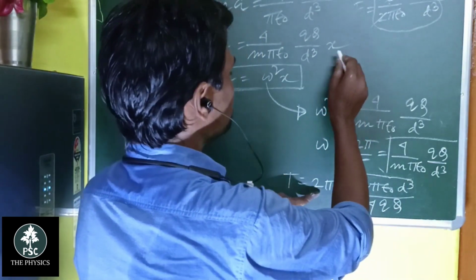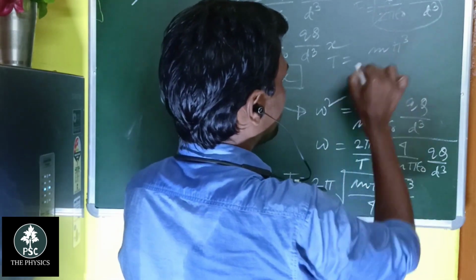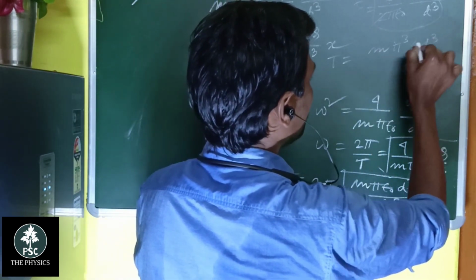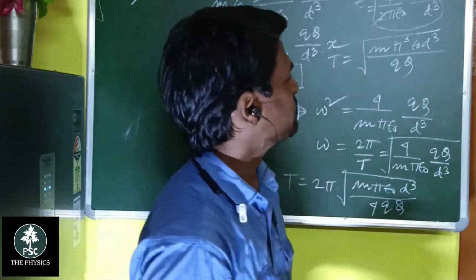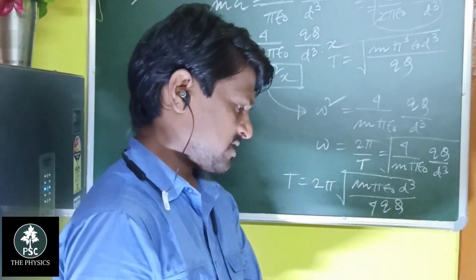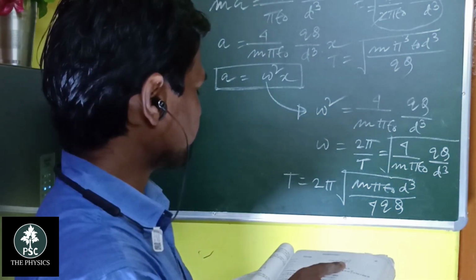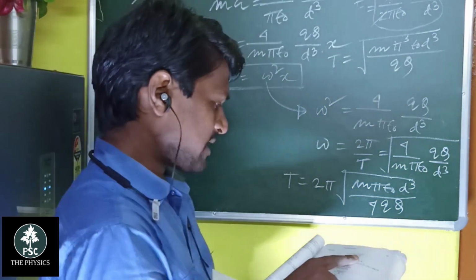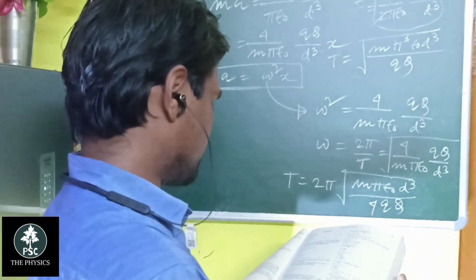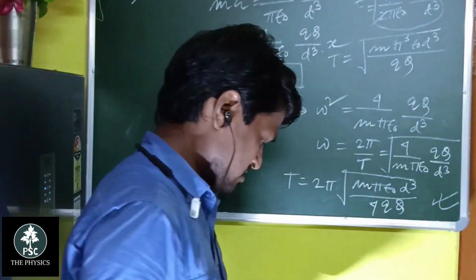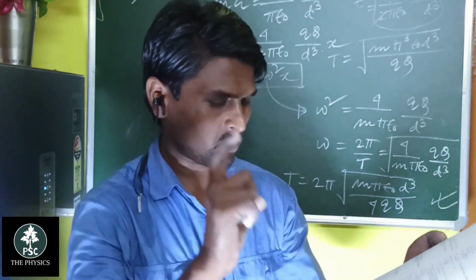So 4 and 4 cancel, and the time period is equal to the root of m, pi cube, epsilon naught, d cube by q Q. I checked the answer, yes, this is the answer, number 32: T equal to the root of m pi cube epsilon naught d cube by q Q, to the power of half.